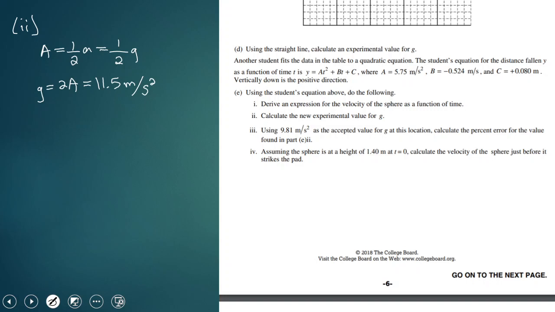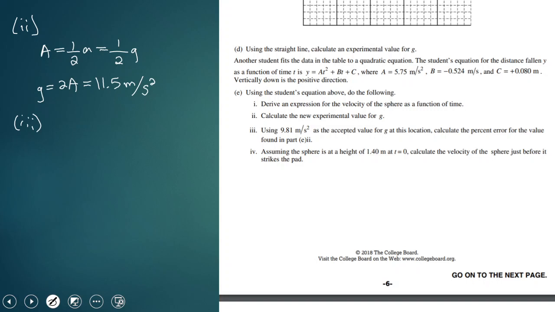Now for part 3, as you may have wondered while you were doing this question why you got such an absurd result from this quadratic fit, it says calculate the percent error for the value found in part E, part 2.